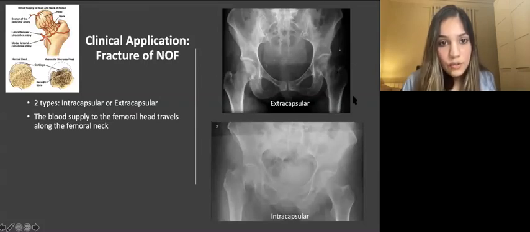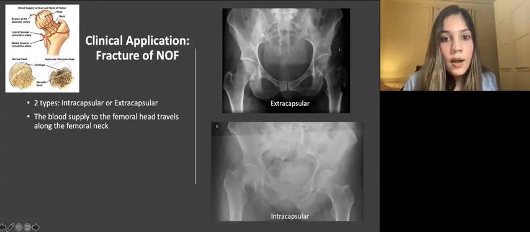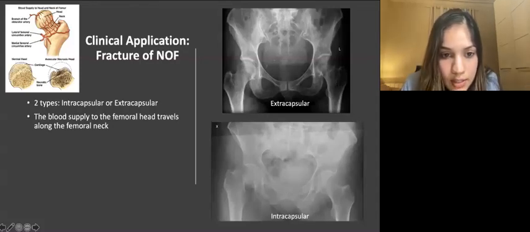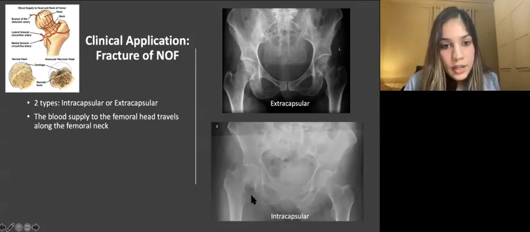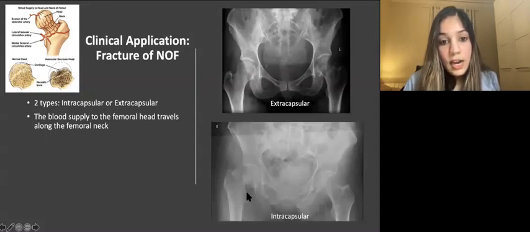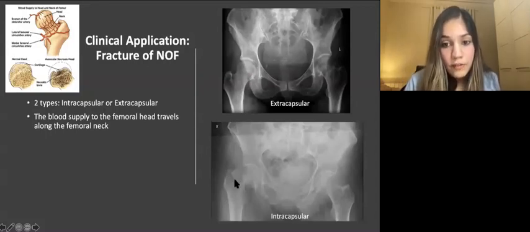If you look at this image here, you can appreciate a fracture. So that's extracapsular. And if you look at this image here, this is where the intertrochanteric line sits. So this is counted as an intracapsular fracture.